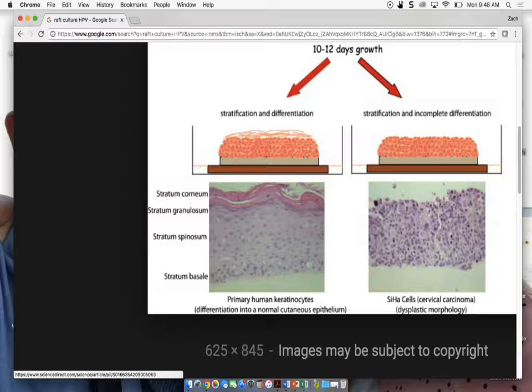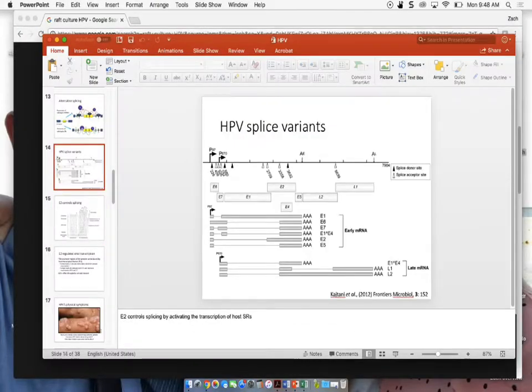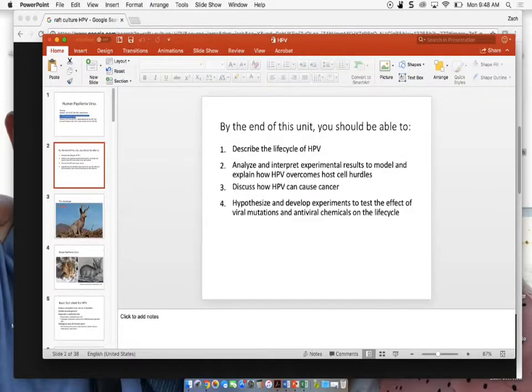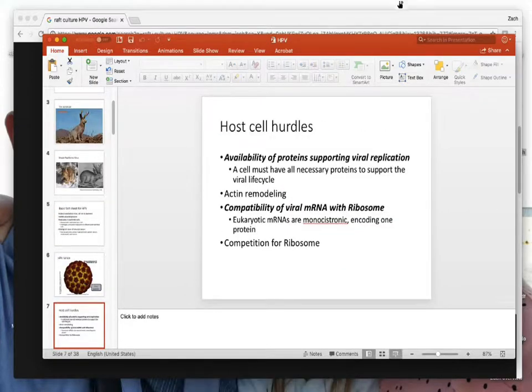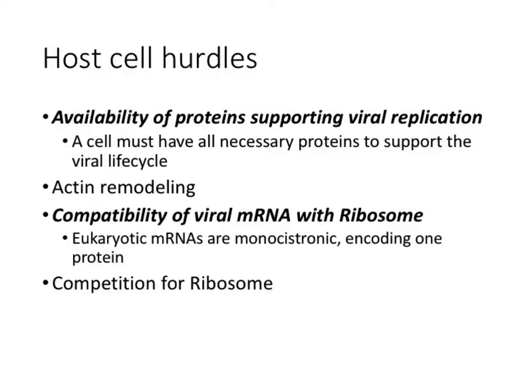In particular, how does it overcome the hurdle of compatibility of the viral mRNA with the ribosome? We said it has 2 pre-mRNAs, but it encodes 8 genes. What I want you to do is just write down how it does that, to the best of your ability.